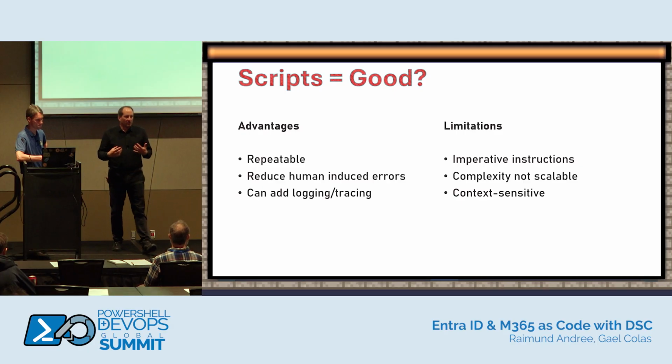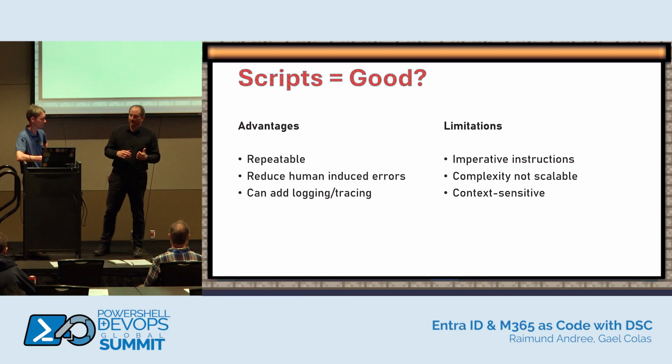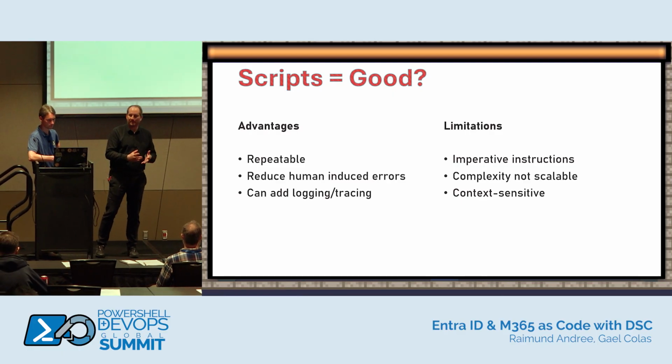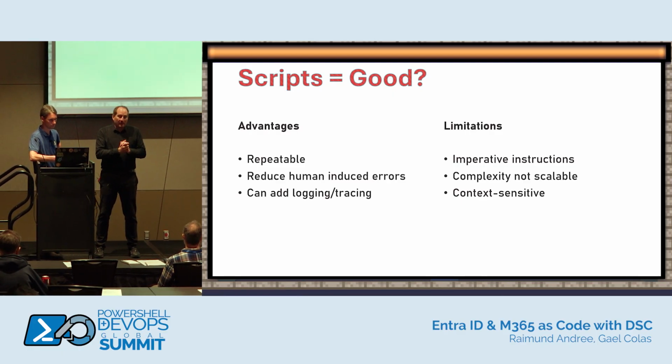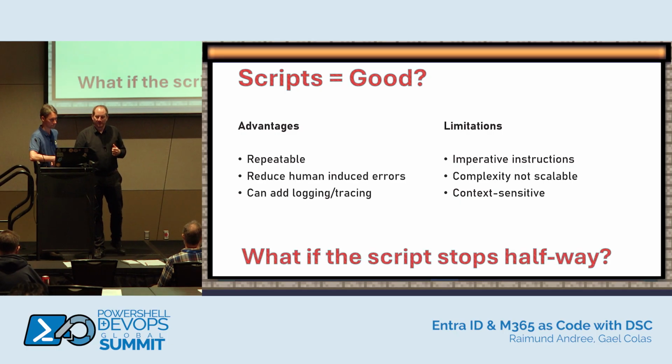But the more things you want to do, the list of instructions goes on and on. And you need to make sure you do it in the right order, and that you don't duplicate something if it's already been done, like creating a group that exists already. So it's very context sensitive. If something already exists, you need to know what exists, and that means the script gets longer and longer with more tests.